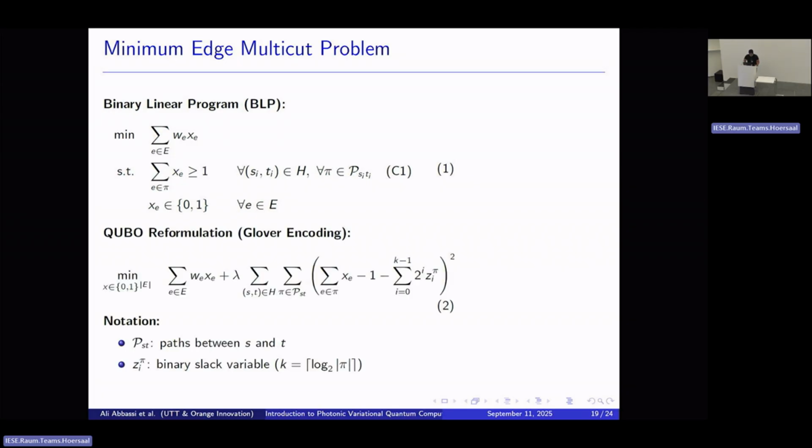And this becomes very easily a QUBO following a Glover method or a quadratic penalization, as we put all of our constraints here, some sort of augmented Lagrangian, and then we have a penalty that is large enough to penalize us whenever we violate the constraint.